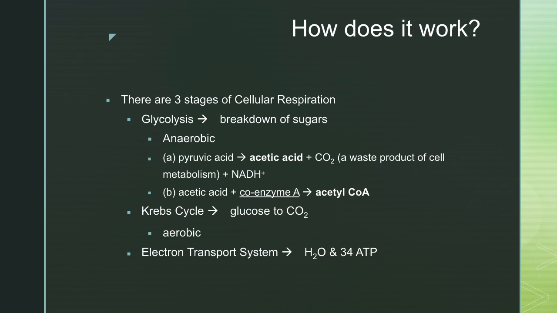It has a net yield of 2 ATP per glucose per 2 acetyl-CoA. It has a net yield of 6 NADH and 2 FADH. And FAD just serves the same purpose as NAD. And in this stage of cellular respiration, the oxidation of glucose to CO2 is completed.